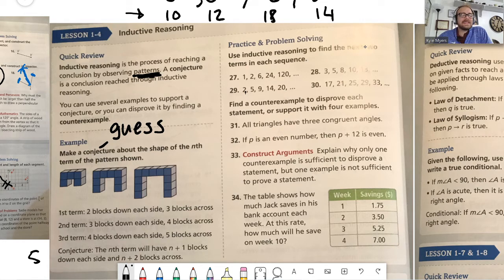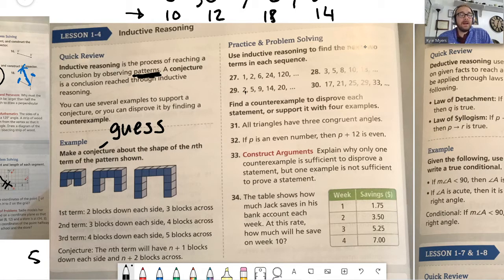So when you say something is true, you're saying it's always true, unless you add in, oh, it's sometimes true that this happens, right? If you don't say sometimes or something like that, then you're saying, hey, this is always true. And if it's always true, then only one counterexample is sufficient. So that's why. But one example is not sufficient to prove a statement.